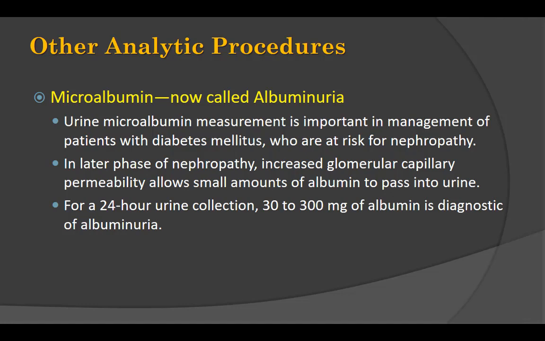So for this albuminuria, you have to collect 24-hour urine. Okay, and if you find there is more than 30 milligram of albumin, it is diagnostic of albuminuria. It means that there is damage occurring to the glomeruli and they are leaking the protein albumin into the urine.